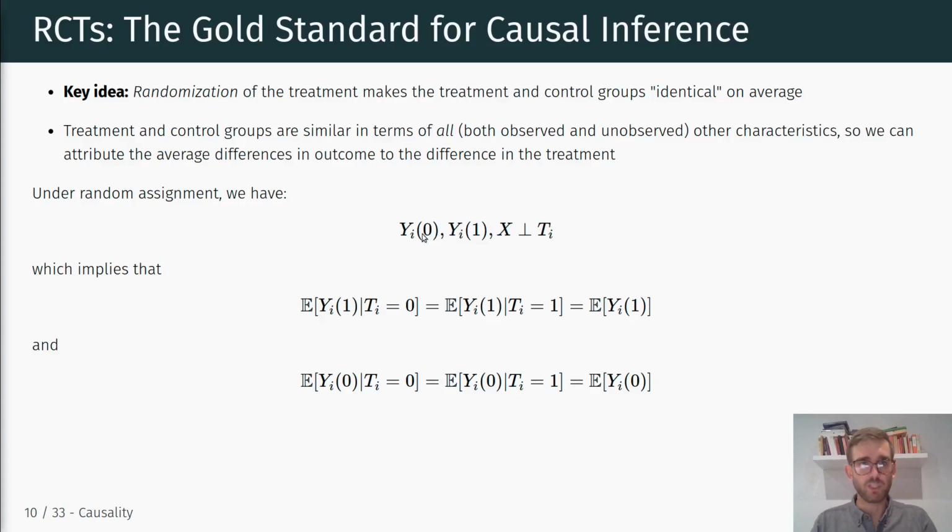Okay, so that means since the potential outcomes Yi1 and Yi0 are independent of the treatment assignment, we can say that the expectation of the potential outcome for the treated observations, or the treatment potential outcome, is equal across the control group and the treatment group, and that is equal to just the overall average of Yi1.